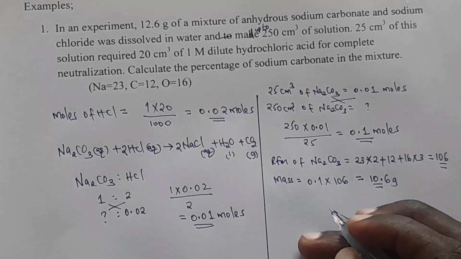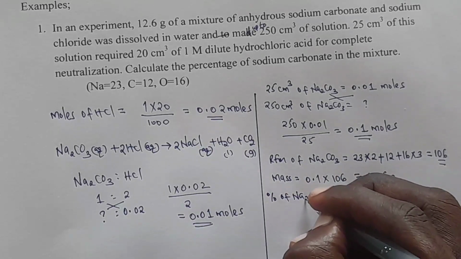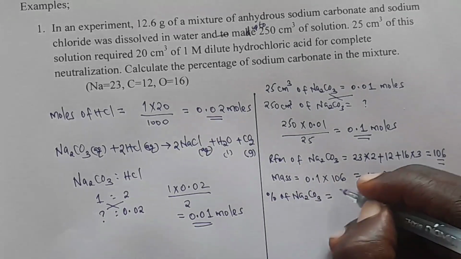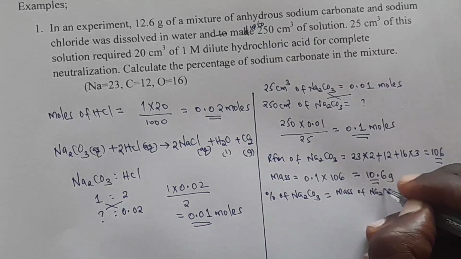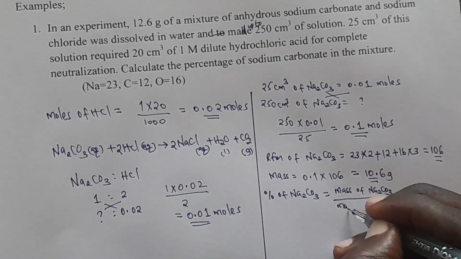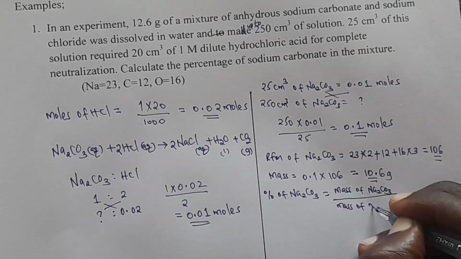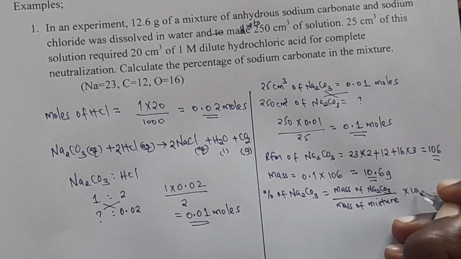So the formula is the mass of sodium carbonate divided by the mass of the mixture, then you multiply by 100%.